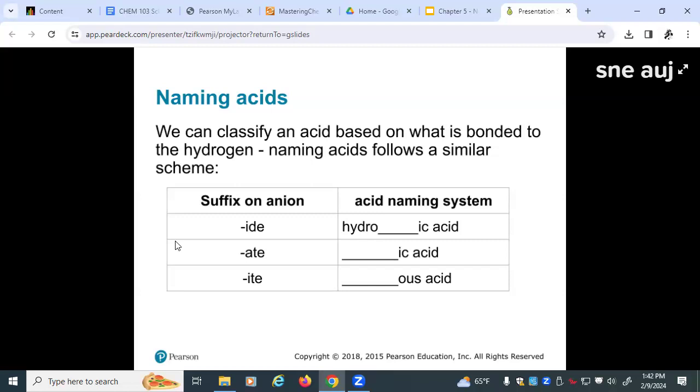If I can identify that ion as being an ite acid, so chlorite, bromite, hypochlorite, hypobromite, hypoiodite, all I do is change the ite to ous acid. So chlorite ion becomes chlorous acid.